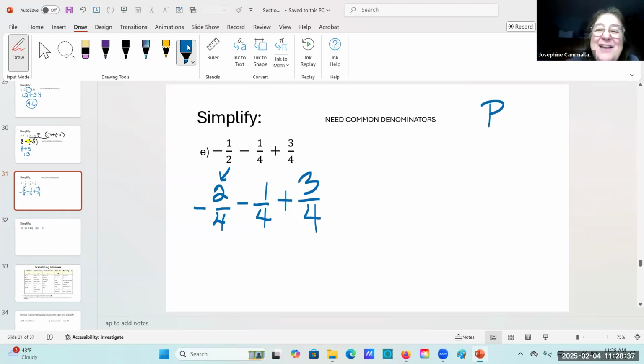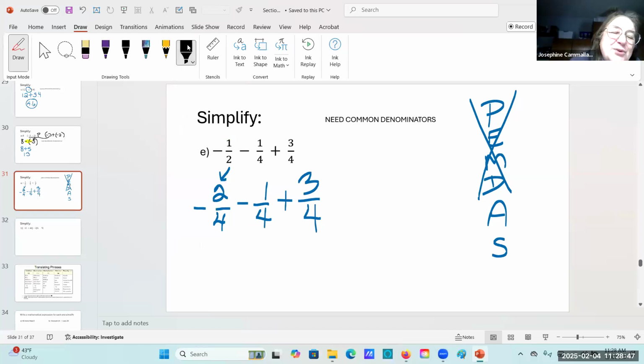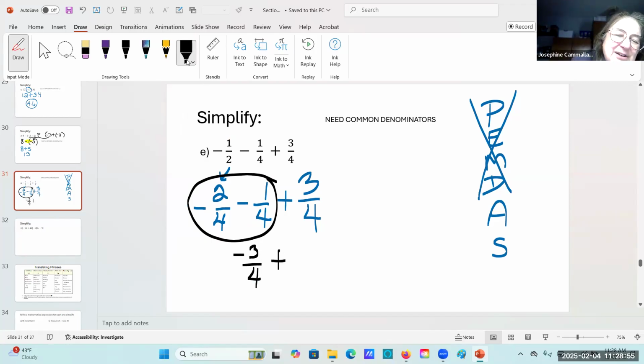I have no please excuse dear Aunt Sally steps, which means these two go together. This will give me a negative 3/4 plus 3/4, which is equal to 0.